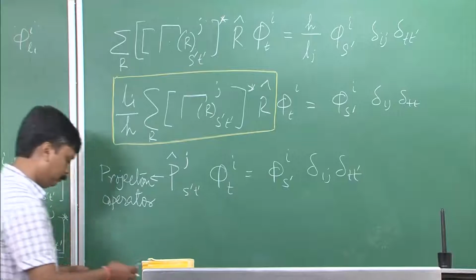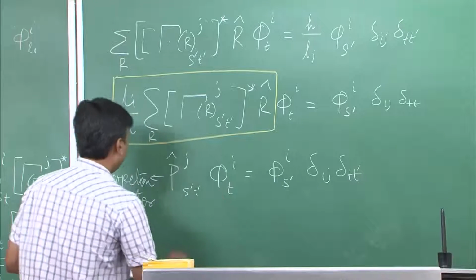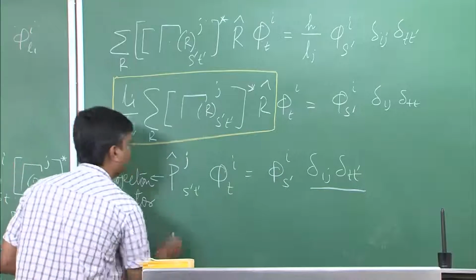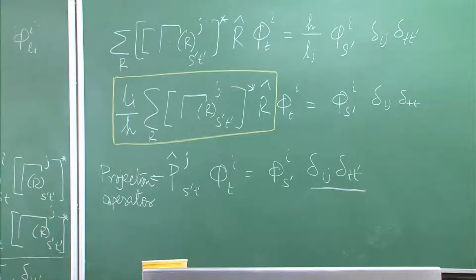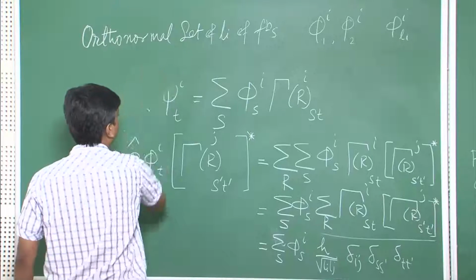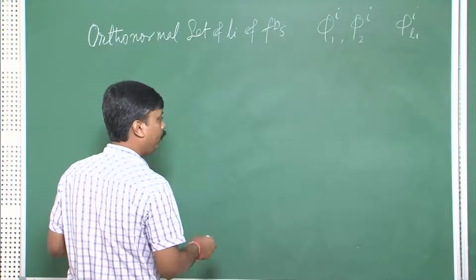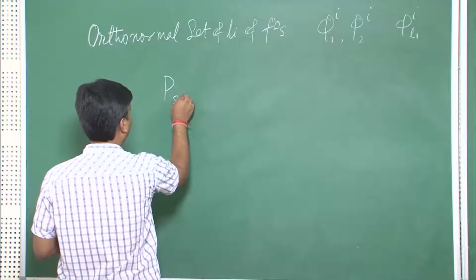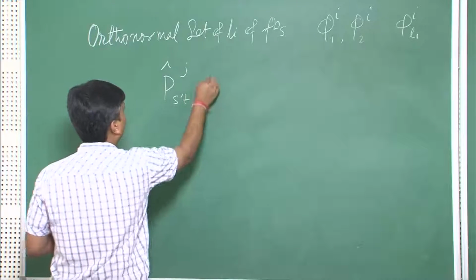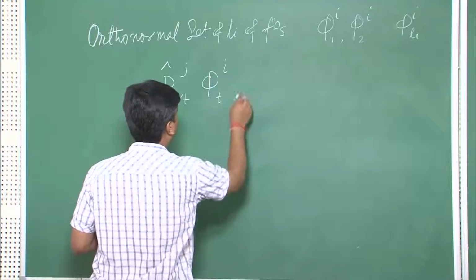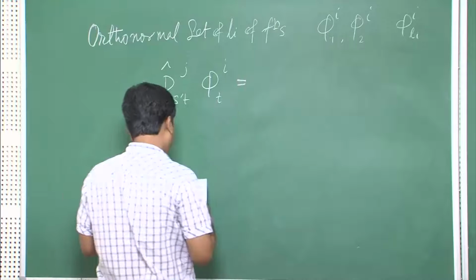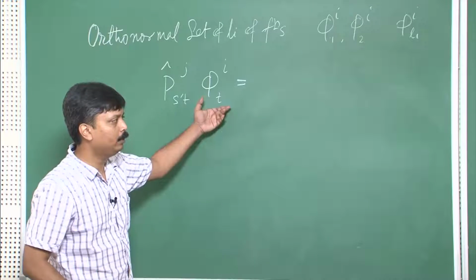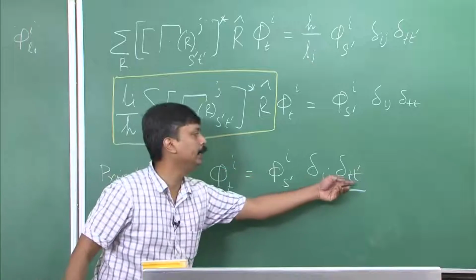All right. So ultimately, by taking care of these delta functions, what I can write is P of j acting on a general, arbitrary function phi t, which will give me ultimately phi t prime if I take care of this delta t t prime.